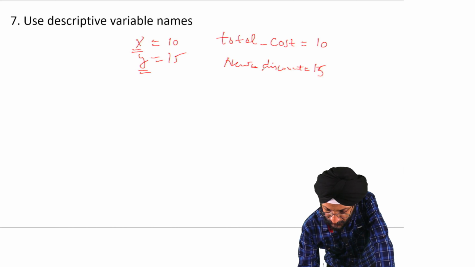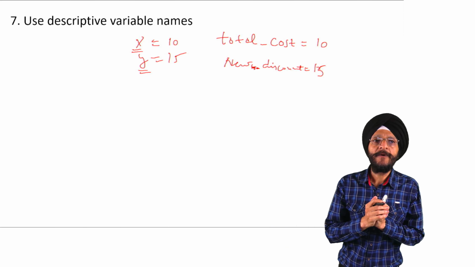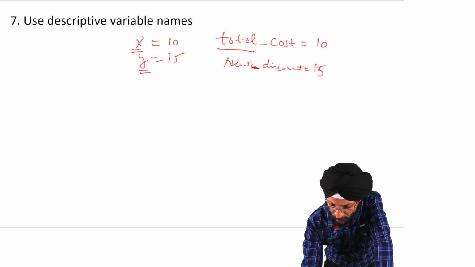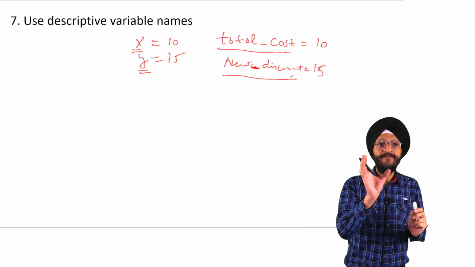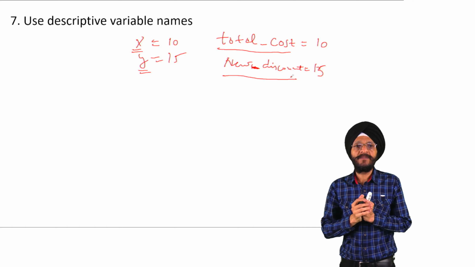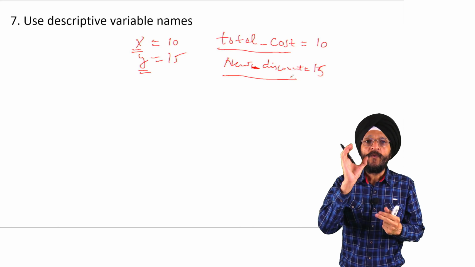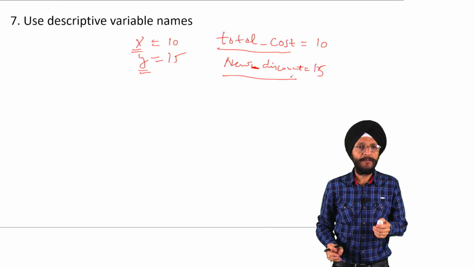Here you will see that these variable names, total_cost and new_discount, are descriptive and meaningful. They show what type of information is contained in the variable.